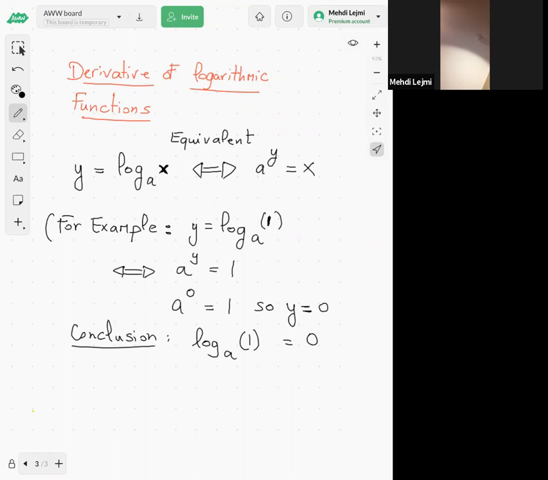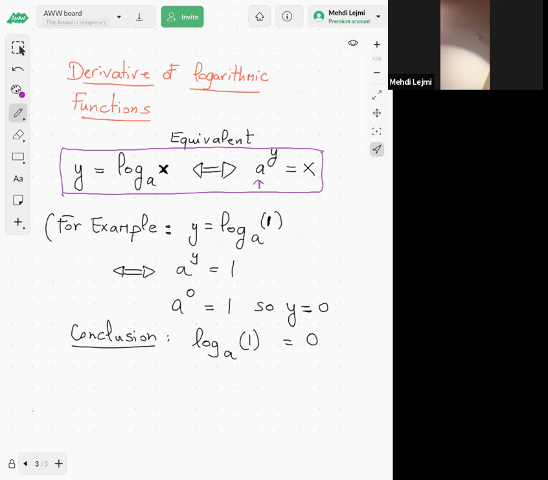So this is the definition of the logarithmic function as the inverse function of the exponential. So this function here is the exponential in base a, right? Anyway, that's the definition of log in base a of x.